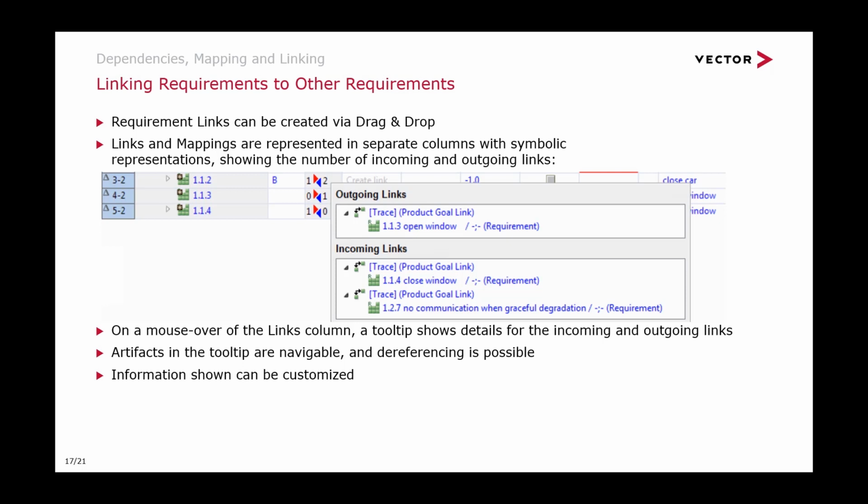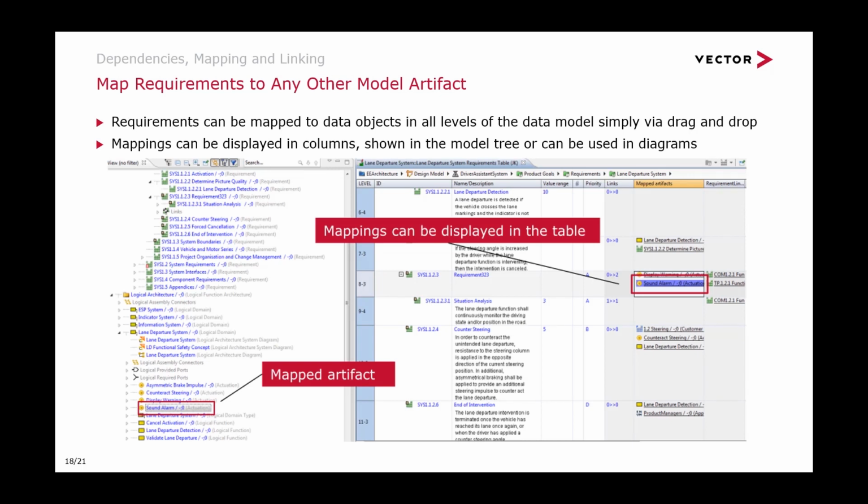The information also that is shown for the links can be customized. The linking and traceability aspect is very important for ensuring that your design is complete. When we talk about linking, what we're talking about is connecting artifacts that are within the requirements layer.